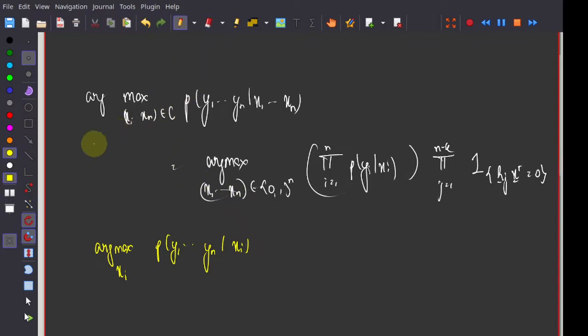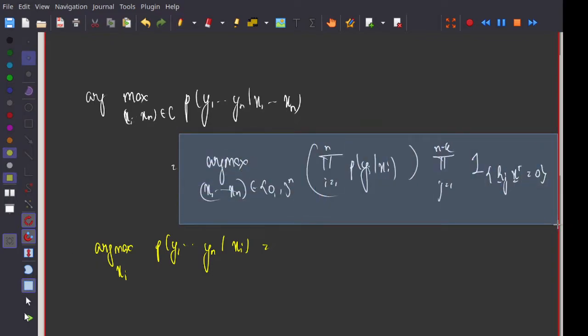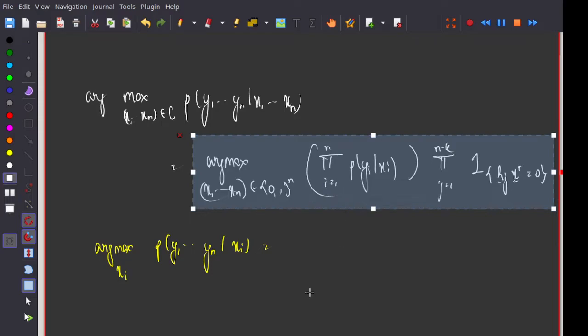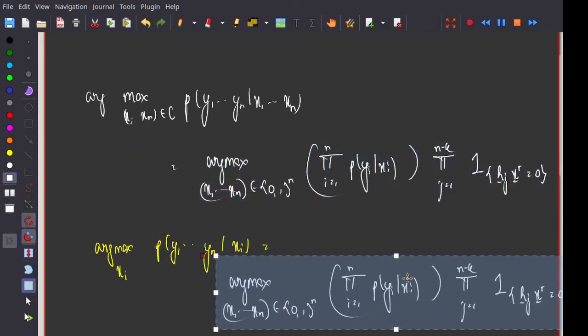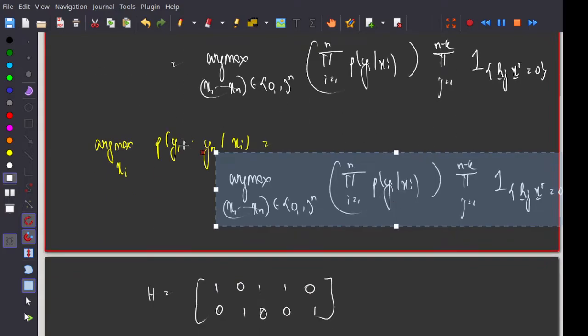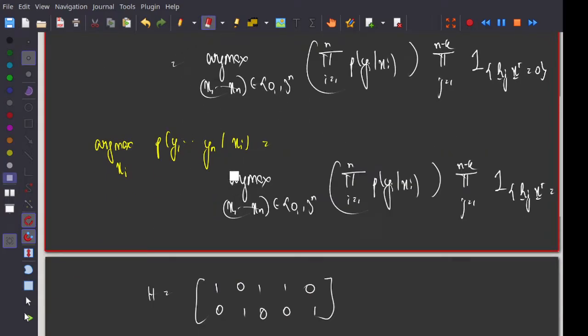Then I can basically write this in the following manner. This is equal to argmax over xi of the max over all other xj's of p of y1 to yn given x1 to xn.